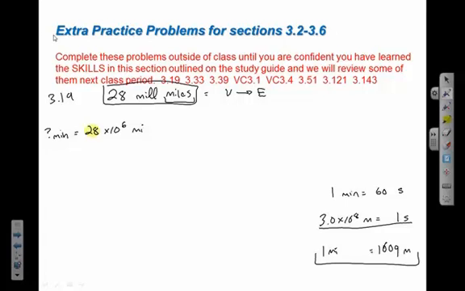So now I've got the relationships I need. I can kind of just focus on the units. I've got miles. I can go from miles to meters, from meters to seconds, and from seconds to minutes, and that's the unit I want. So I've got to then just apply those relationships. I want miles to cancel. For every 1 mile, that's equal to 1609 meters.